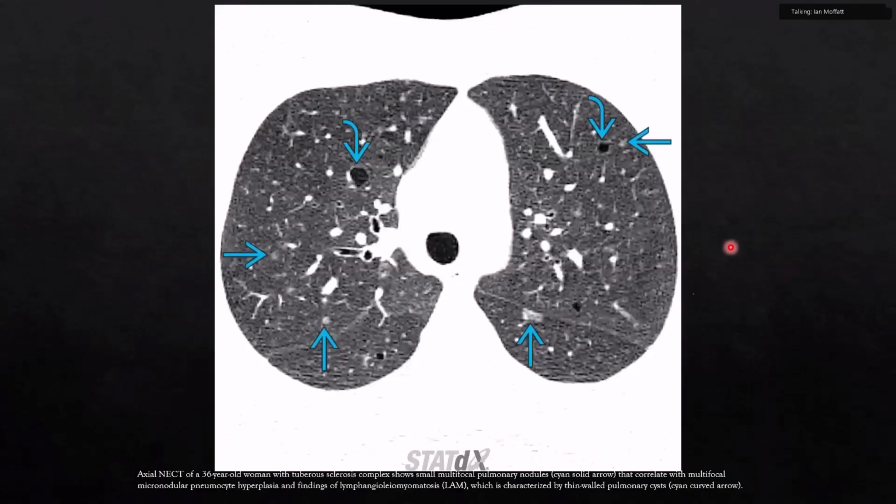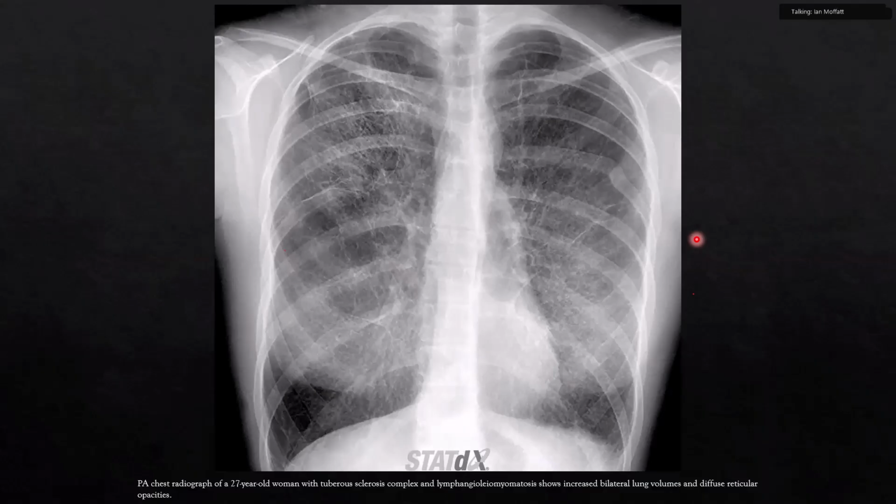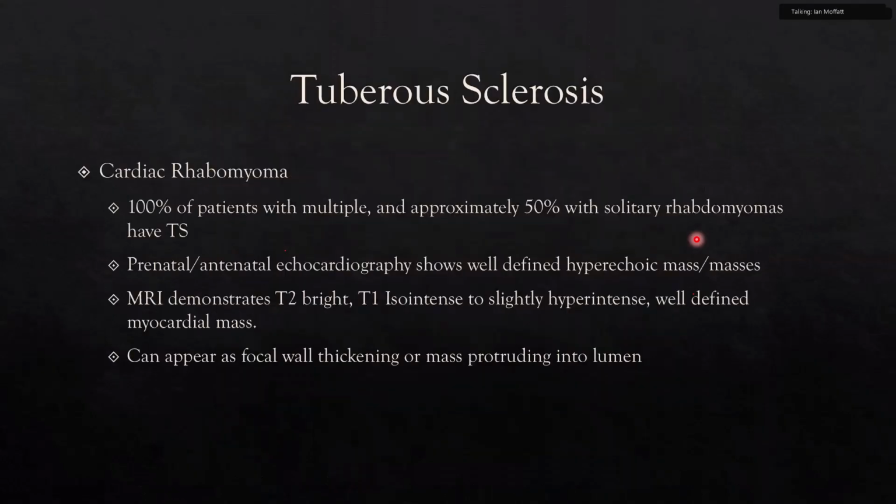It's an example from StatDx of multiple cysts as well as multiple small nodules, coexistent LAM and multifocal micronodular pneumocyte hyperplasia. Again, a very advanced case of LAM in a TS patient.